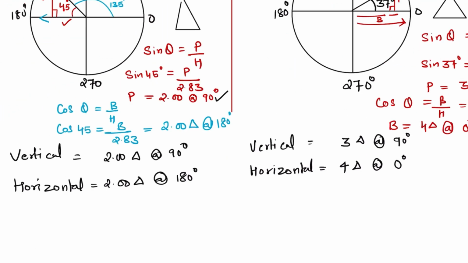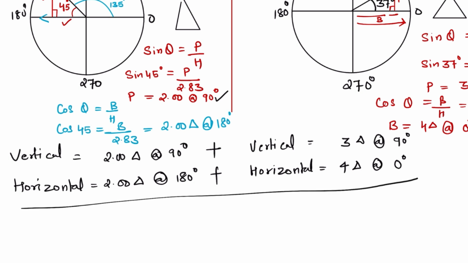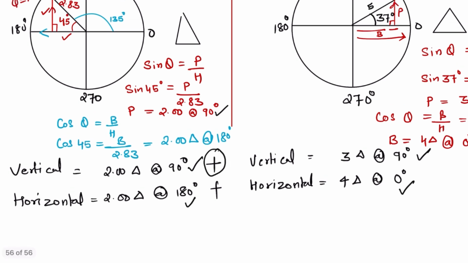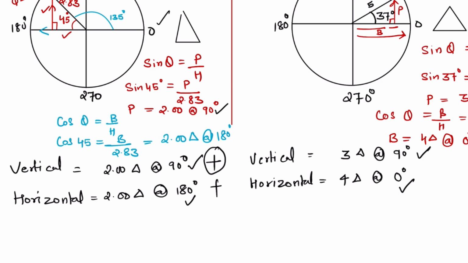So now we're gonna add this vertical with this and this with this. Here a point to remember: if degrees are the same, it will be addition. Otherwise, if they are opposite, like 180 and the other is working towards the 0, one is working toward this side and the other is working toward the other side, so it will be a subtraction, not addition.